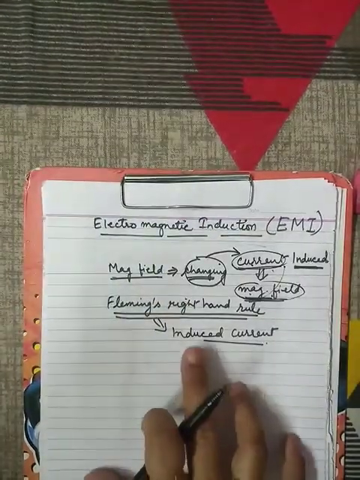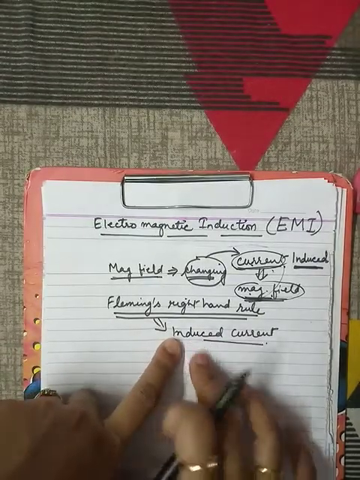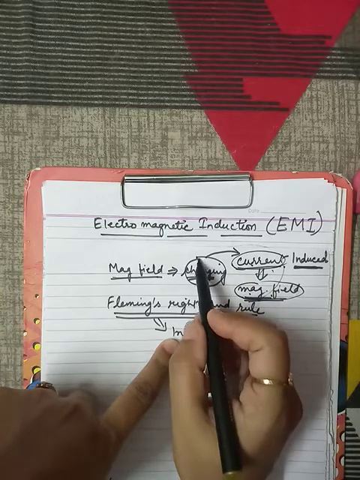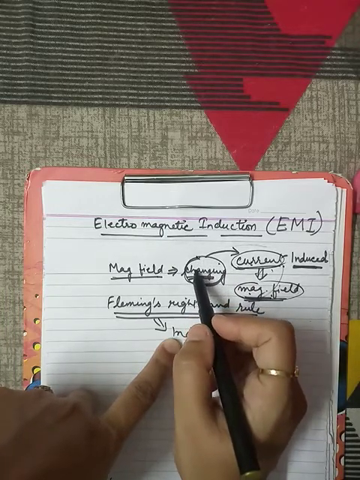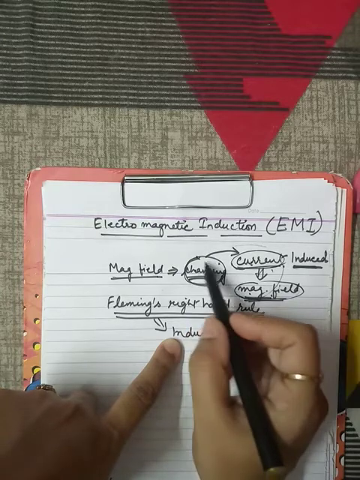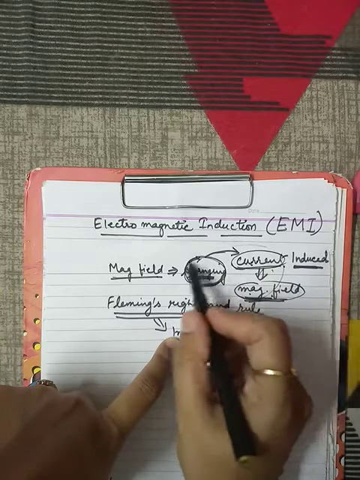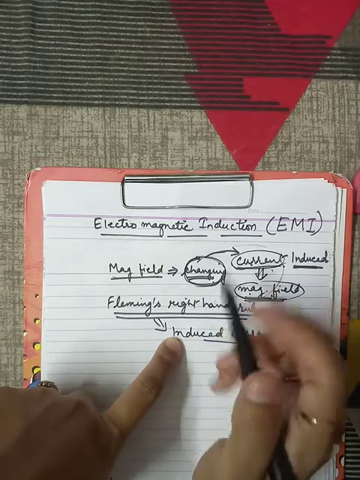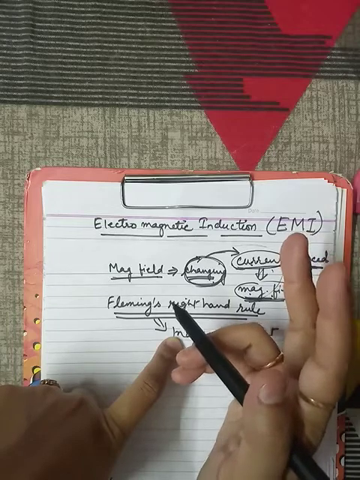Now how to produce this induced current? For producing an induced current, I just now told you that a changing magnetic field is important. When we can create a change in the magnetic field, then this current can be produced. Okay, so how to create a changing magnetic field? There are two ways that Michael Faraday showed in an experiment.